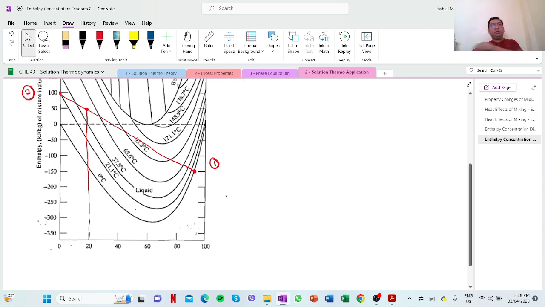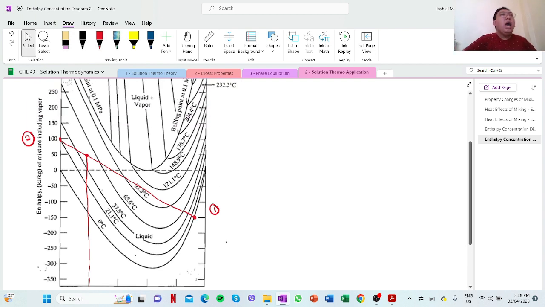Now the question is, what is the final temperature of my outlet stream, after ensuring that the process is adiabatic?